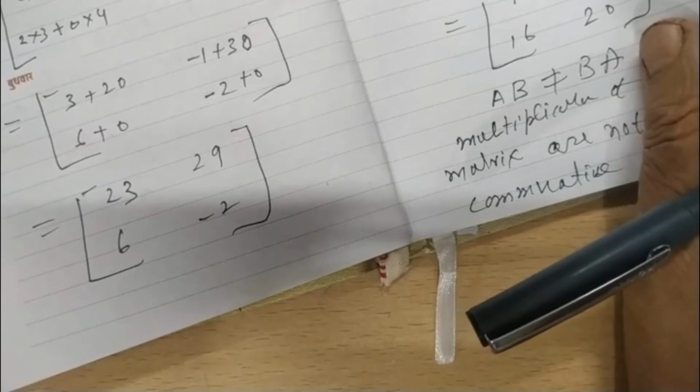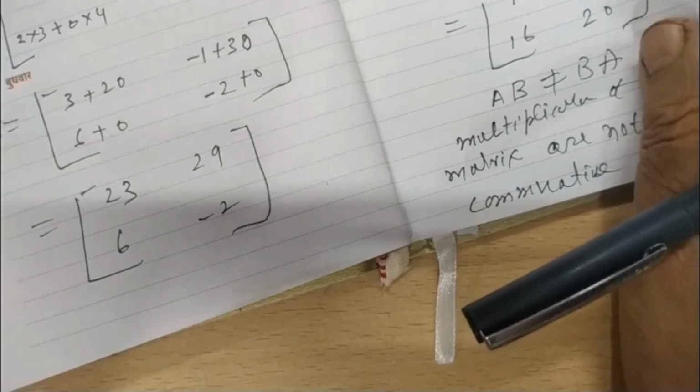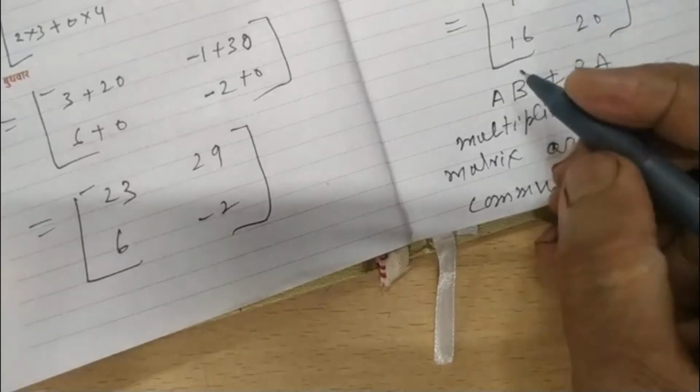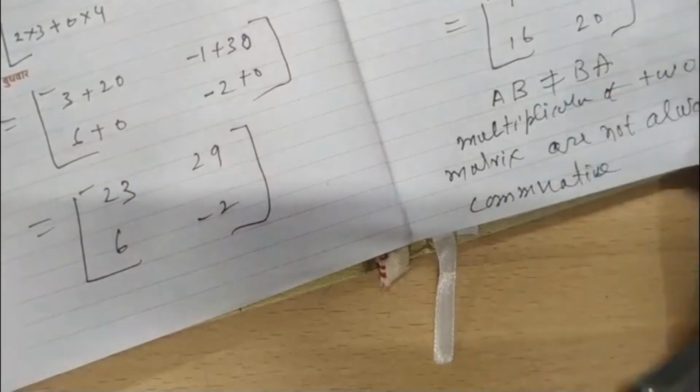In multiplication, AB is not always equal to BA.